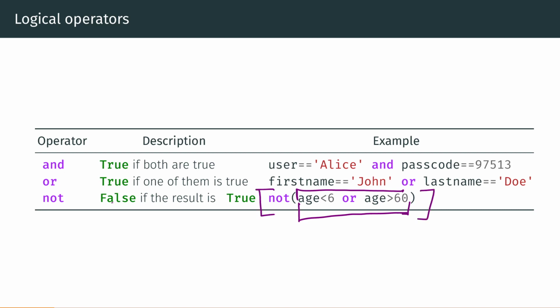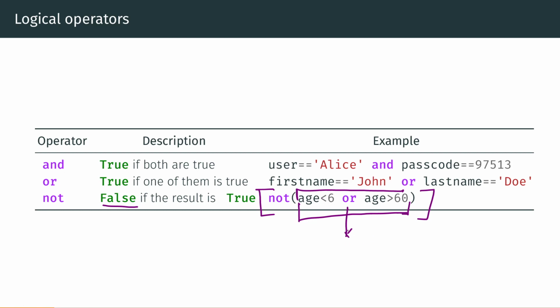Not evaluates to false if the result of this expression is true, and vice versa. Essentially, what this statement suggests is: give me false if the age is less than 6 or greater than 60.